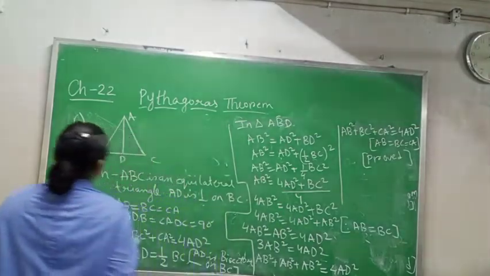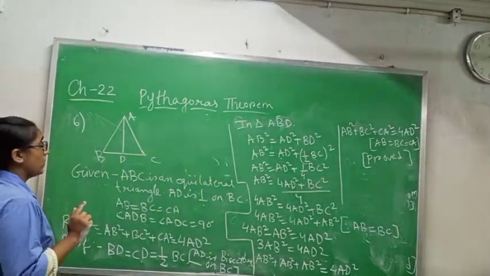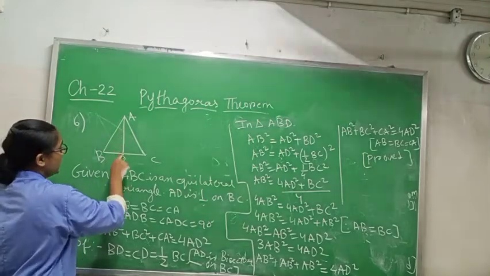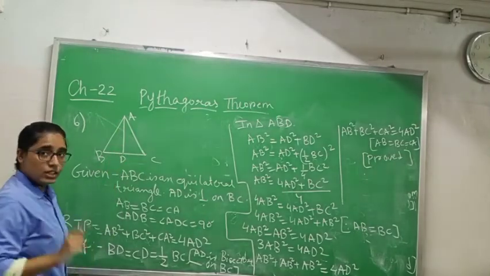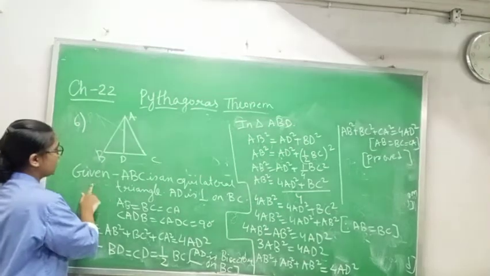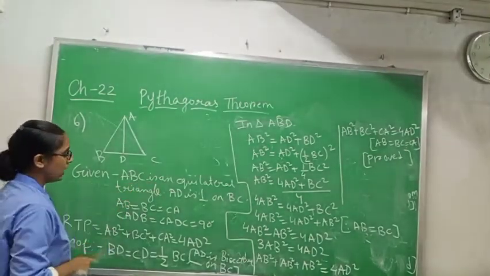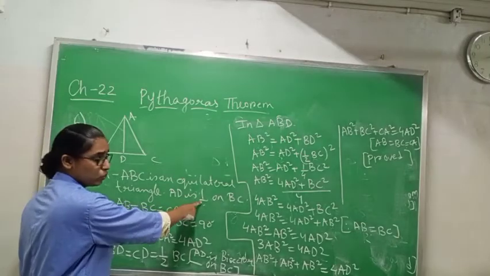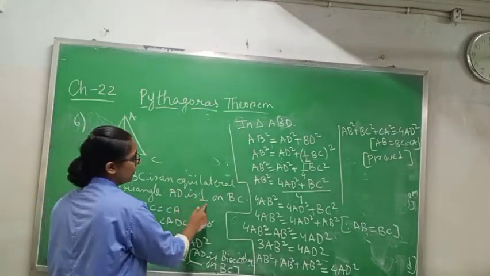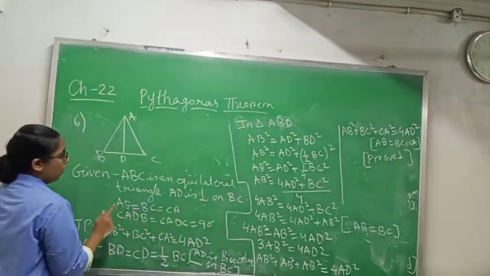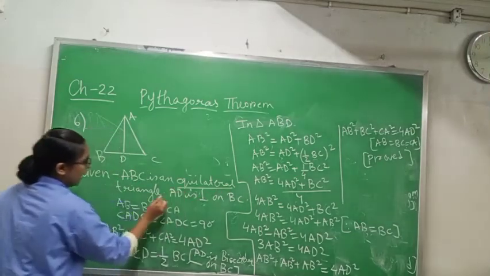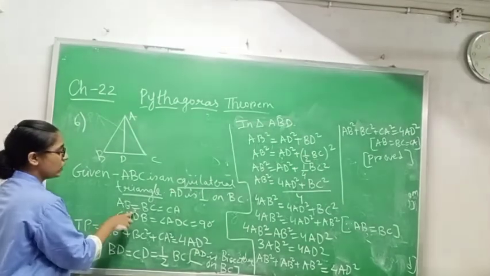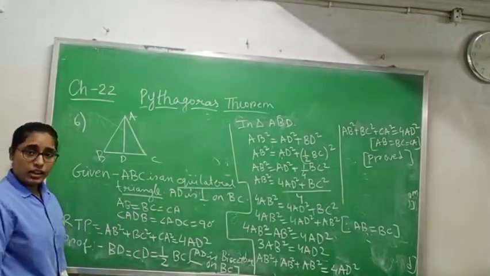Okay. Now it is given that ABC is an equilateral triangle. AD is perpendicular on BC. It is already given. So in the given part, I can write ABC is an equilateral triangle, AD is perpendicular on BC. You know this one is the perpendicular sign. Now if it is an equilateral triangle, it means all sides are equal. It means you can write AB equals to BC equals to CA.